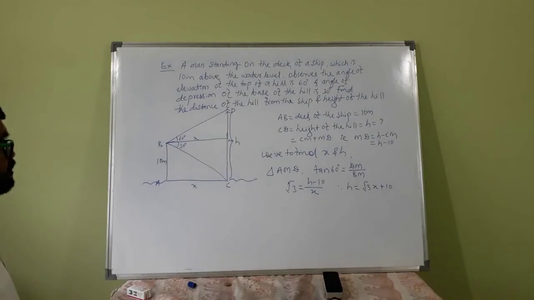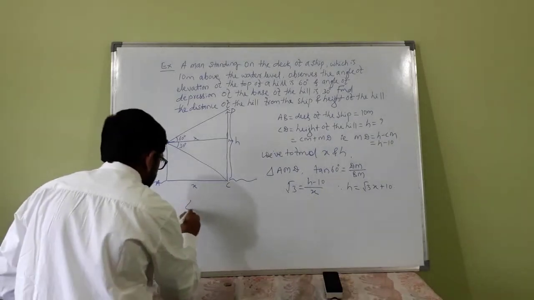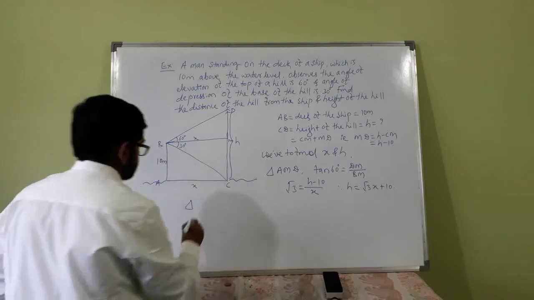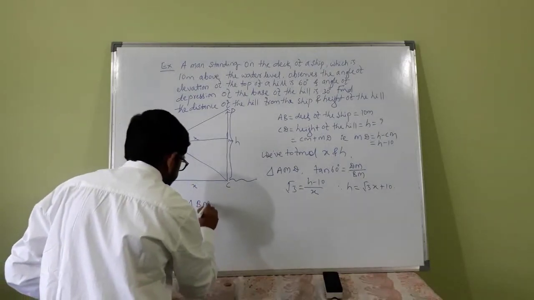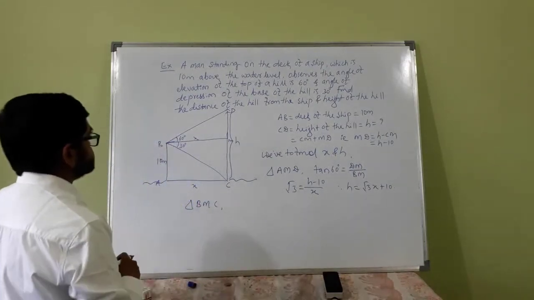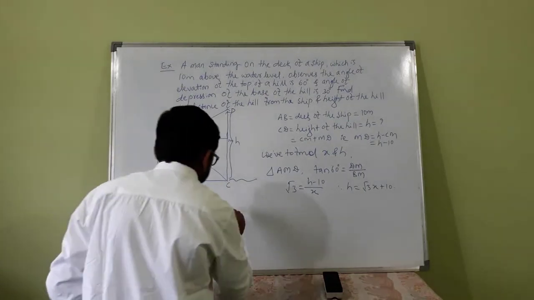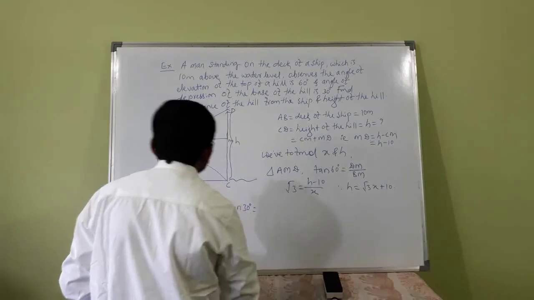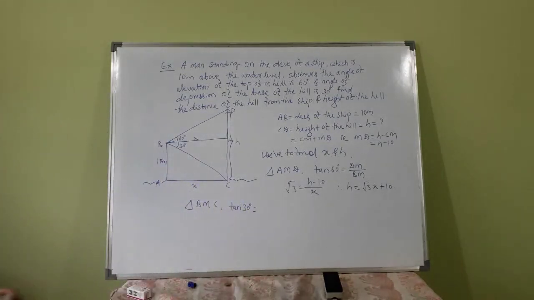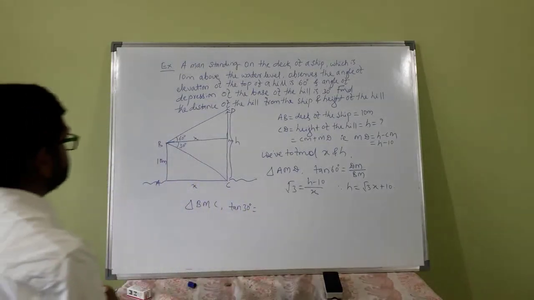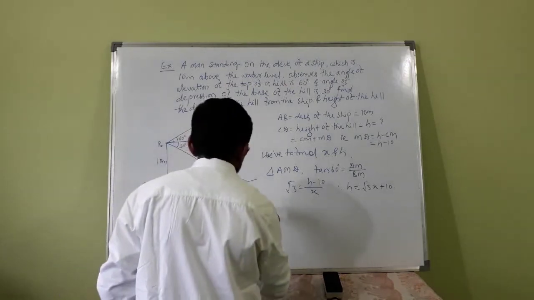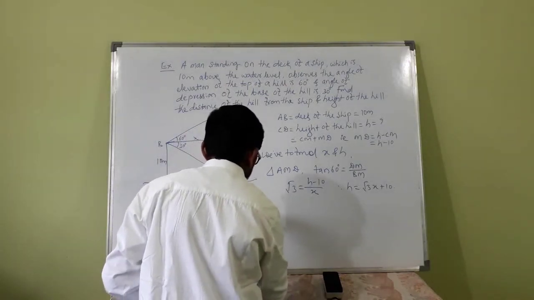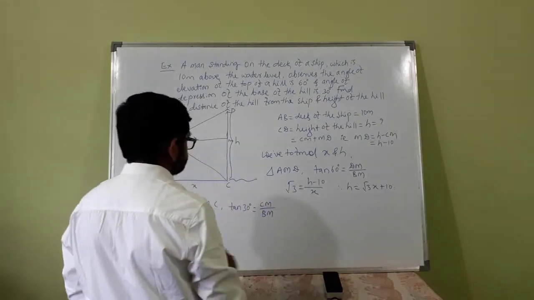In triangle BMC, tan 30 degree is equal to CM by BM. What is BM?